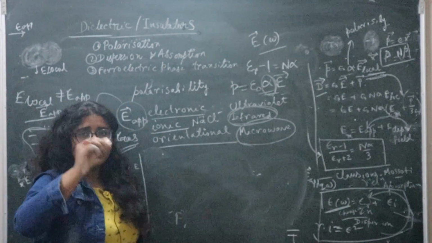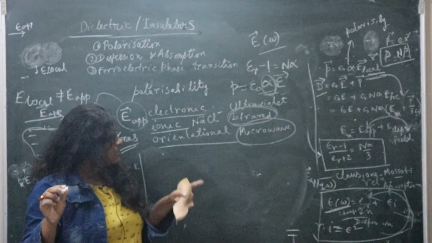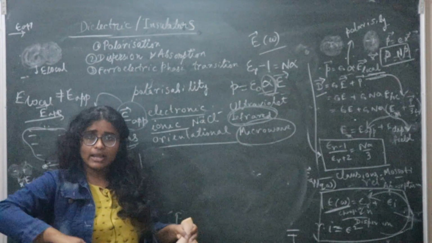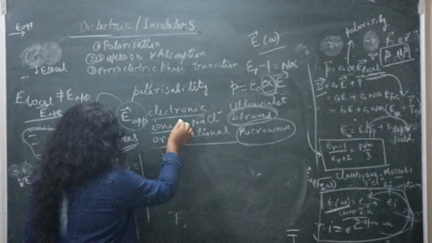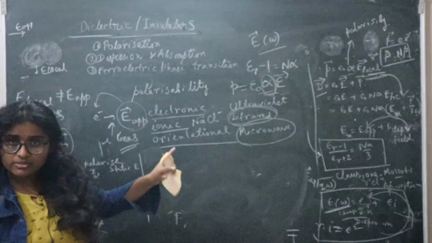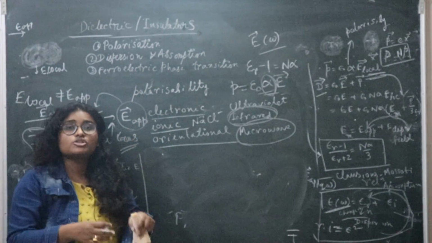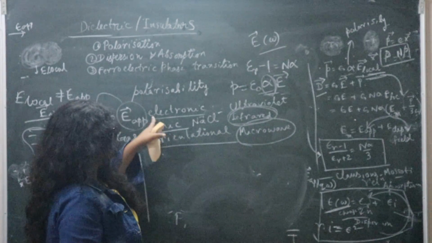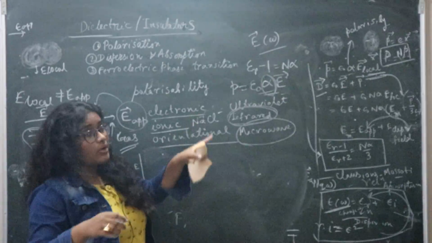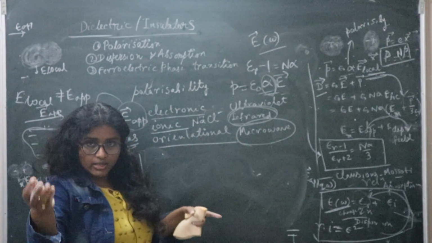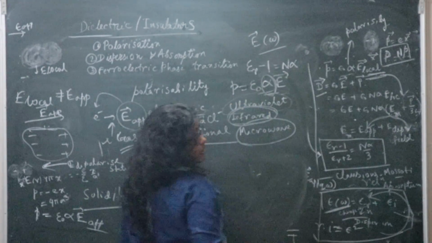For a rapidly varying electric field, the ions cannot respond, because they cannot oscillate with a rapidly applied electric field. So the polarizability due to the displacement of ions contributes only when the frequency is much lower, that is the infrared frequency. But electrons can respond much more rapidly to a rapidly varying electric field, so electronic polarizability contributes in the ultraviolet region.